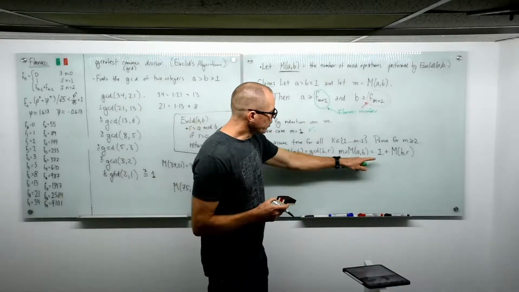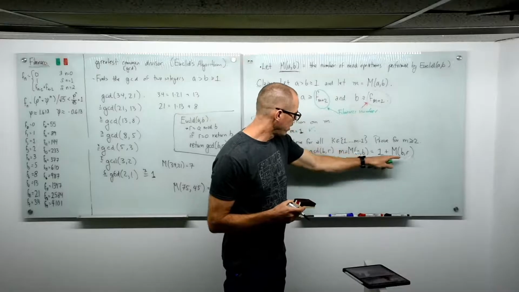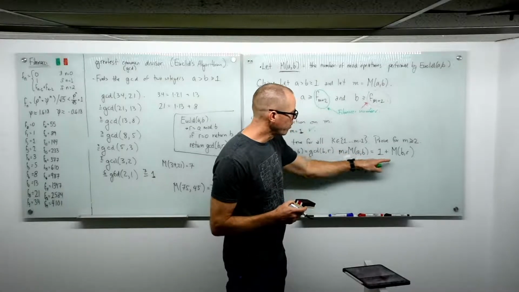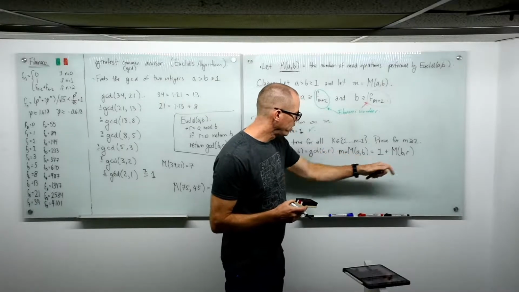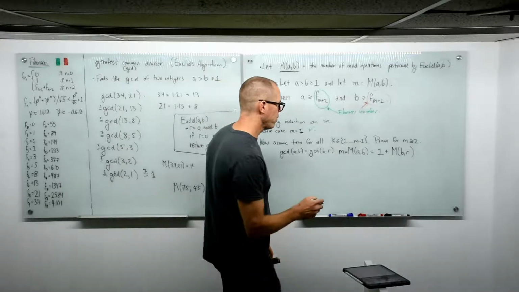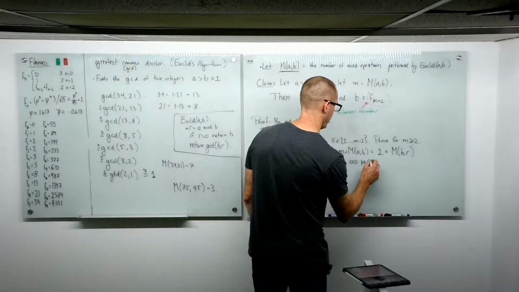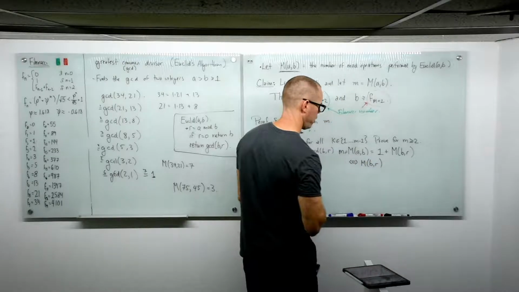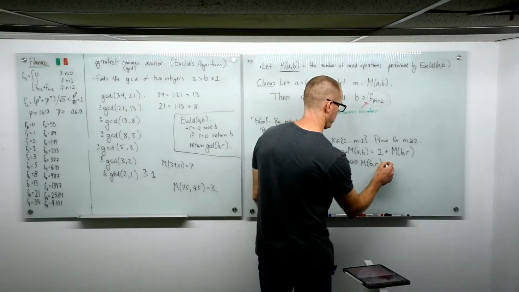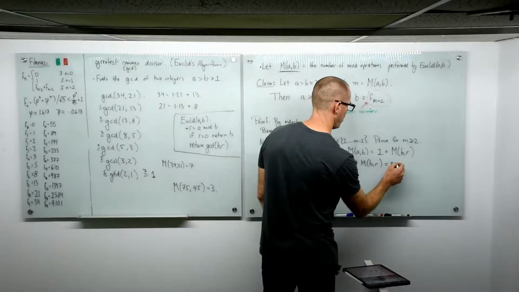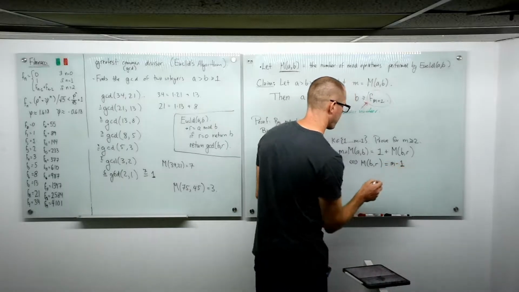So little m is equal to 1 plus m of B, R, which means that m of B, R is equal to little m minus 1.